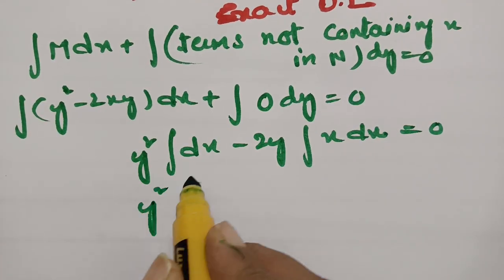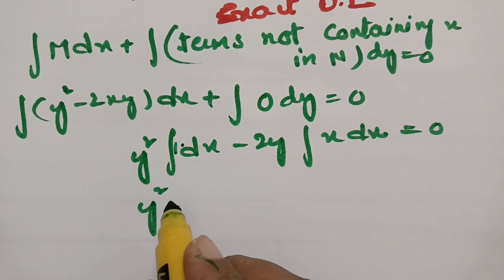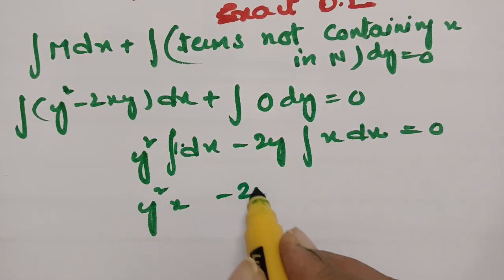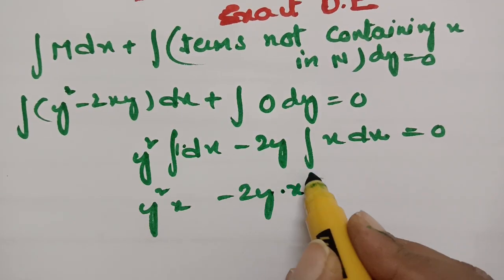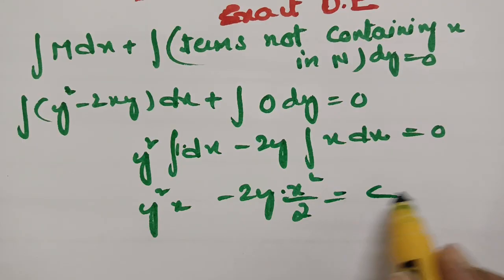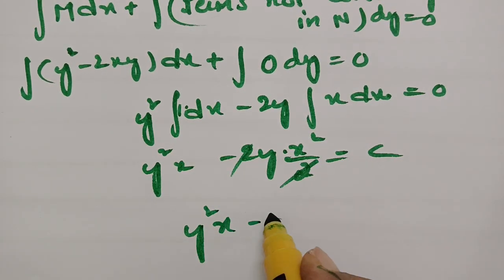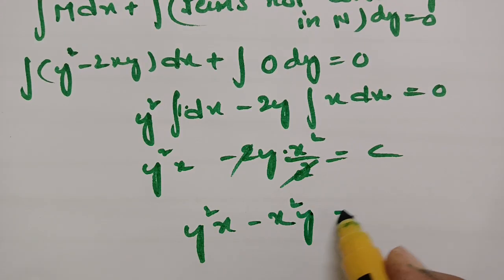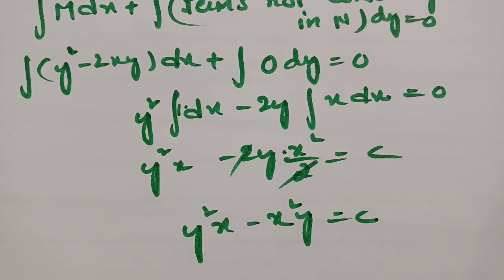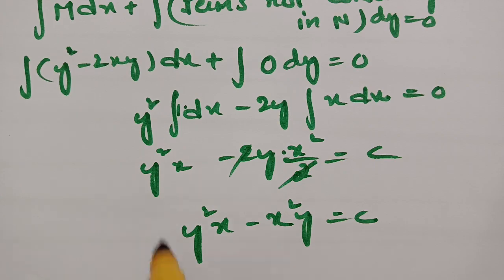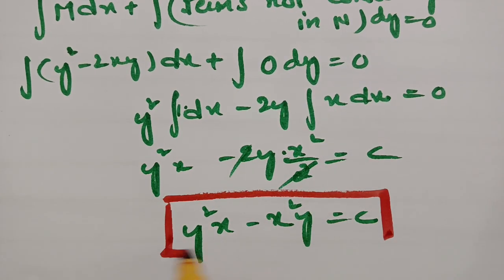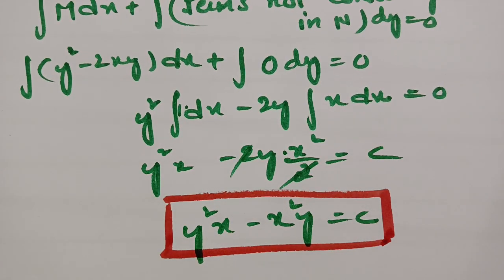So here this is y square, integral 1 into dx is nothing but x, minus 2y, for x it is x square by 2, which is equal to c. If I cancel this, the value here is y square x minus x square y is equal to c. And this is how we got the solution for the exact differential equation. So here each and every step is clearly explained.